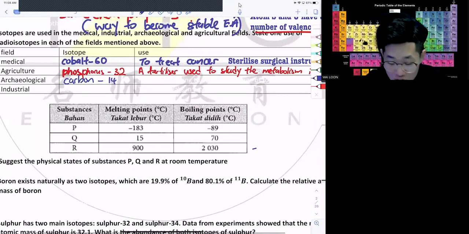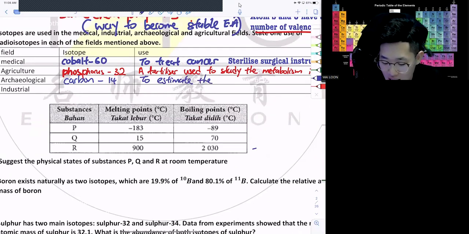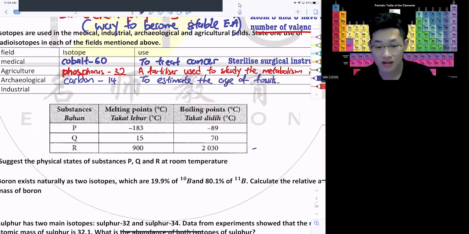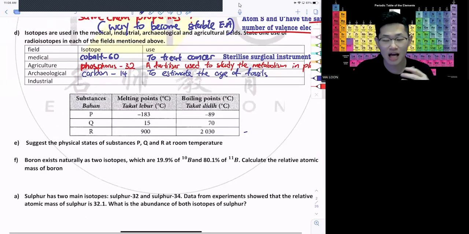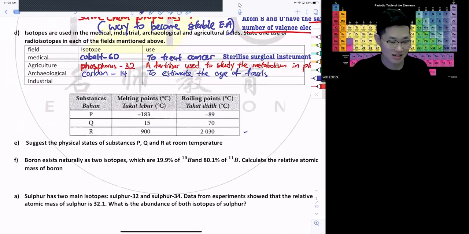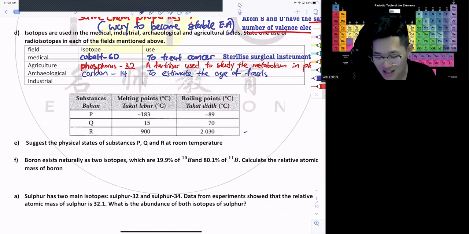Carbon 14 is used to estimate the age of fossils or artifacts. Cannot say determine, must be estimate. Estimate only. They cannot calculate accurately. It is 1,000 years ago. How many months, how many days, cannot. They just predict around how much.